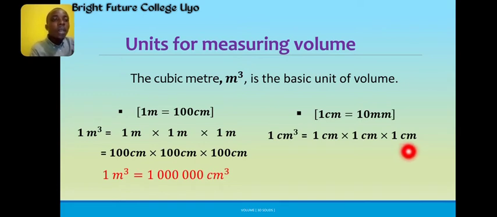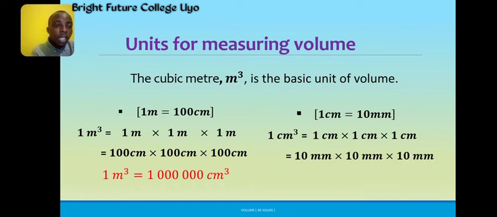So by the time you put this in, you have 10 millimeters times 10 millimeters times 10 millimeters, which will give you 1000 millimeter cube. So take note of these two in red. We use them in converting from either form of given unit. Okay, so take note of that.